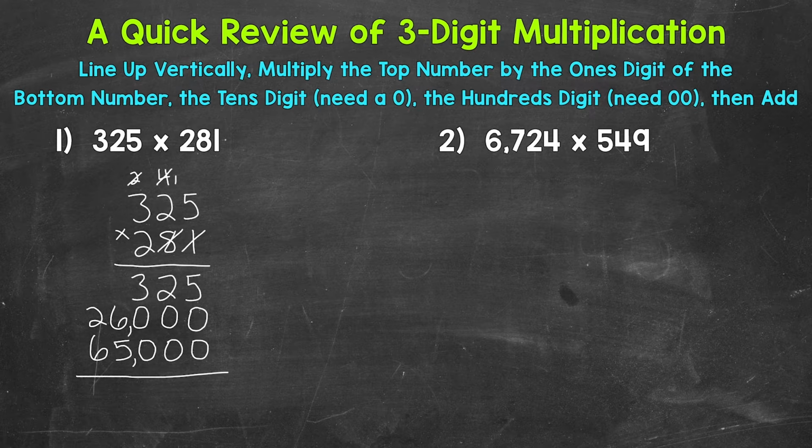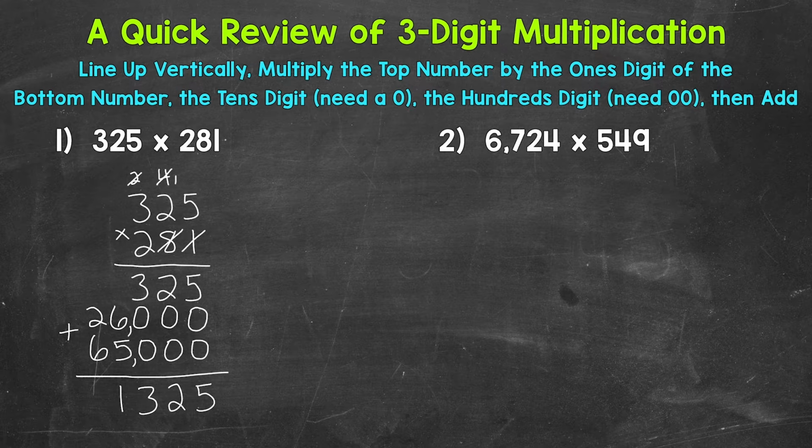And once we get to this point, we add these numbers to get our final product or answer. We'll start with the ones place. 5 plus 0 is 5. 2 plus 0 is 2. 3 plus 0 is 3. 6 plus 5 is 11.